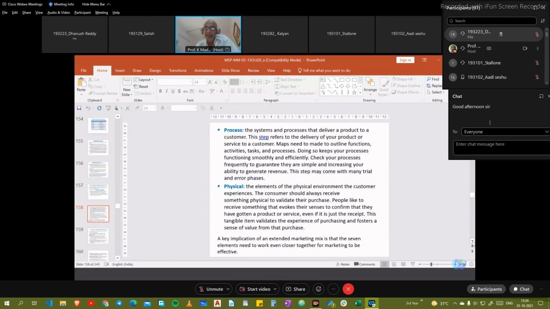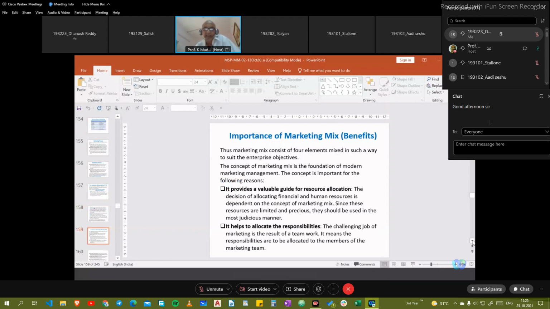In that particular sense, we try to specialize on each of those parameters and see that we do not miss on any of them that makes us lose the benefits of the value creation and satisfaction, generating satisfaction. Okay.